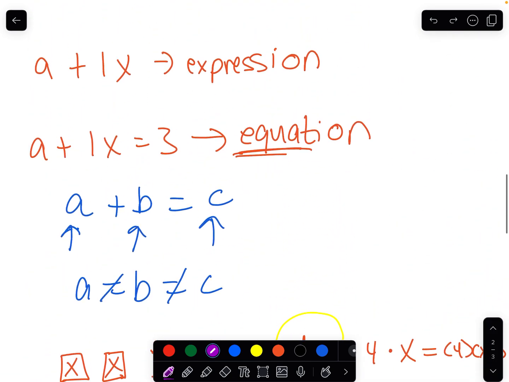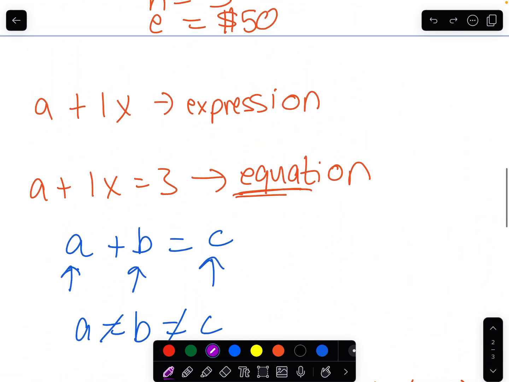And the other takeaway is that an algebraic expression describes some operation, but it does not have an equal sign, and that's how it's differentiated from an equation. And we're going to stop there till the next time.